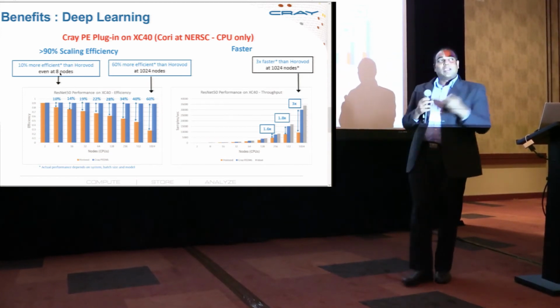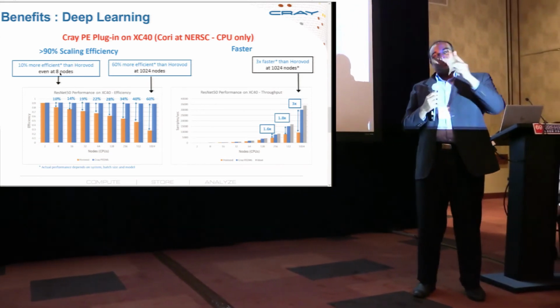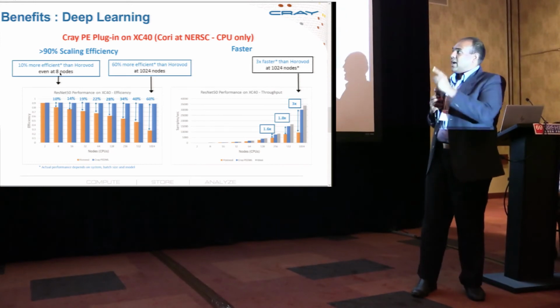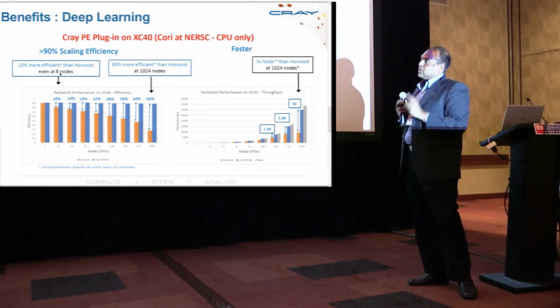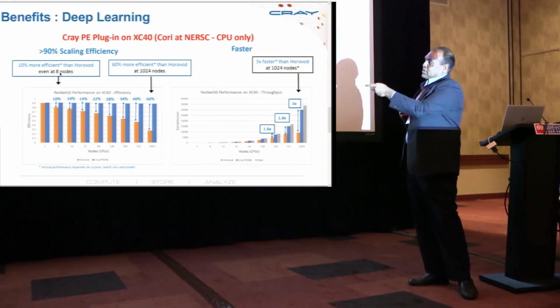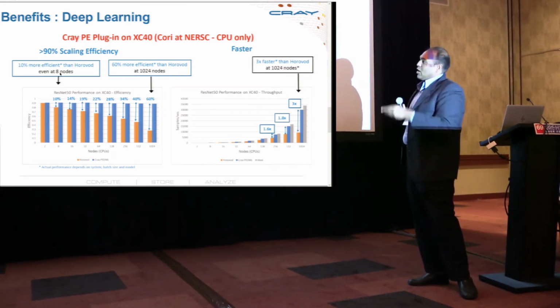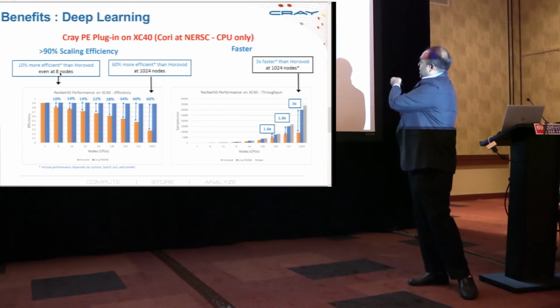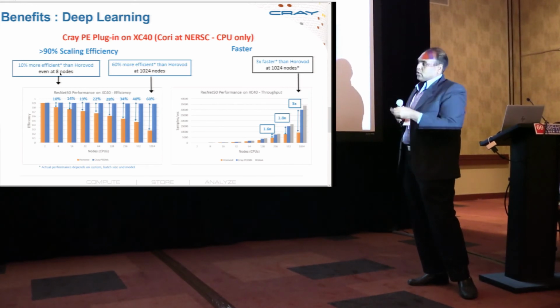This is trying to compare an MPI-based code that's multi-node distributed software and what we have with Cray programming environments. You're starting to see that even at 8 nodes, you're starting to see 10% improvement on a single node, and all the way up to 60% on the scalability efficiency on CPUs. And that translates to about 3x when you think about throughput.